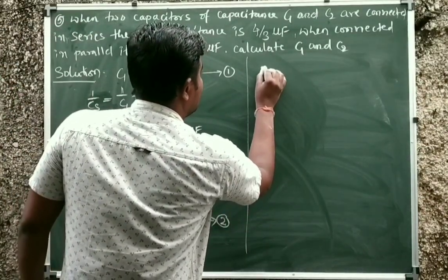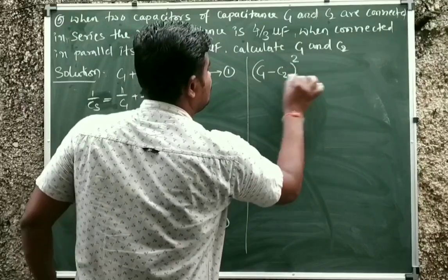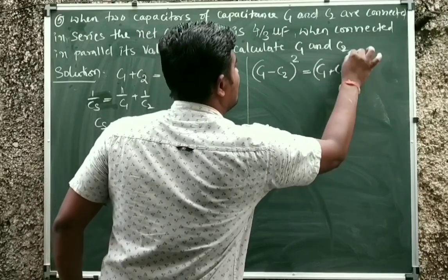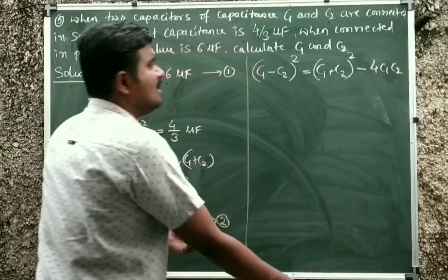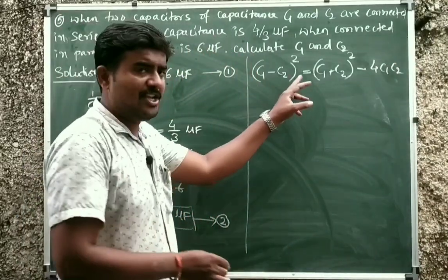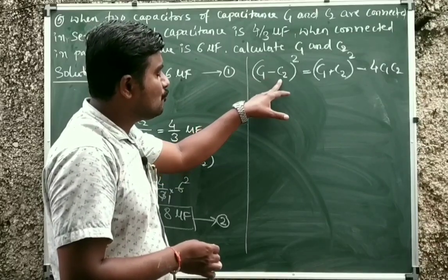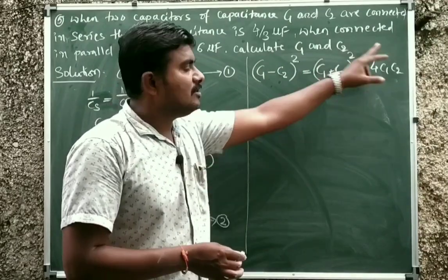See here, C1 minus C2 whole squared is equal to C1 plus C2 whole squared minus 4 C1 C2. I have just arranged the terms. If you square this C1 minus C2, that value is going to be equal to this value.